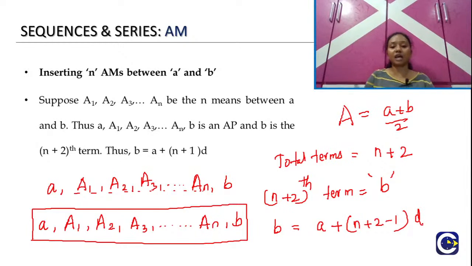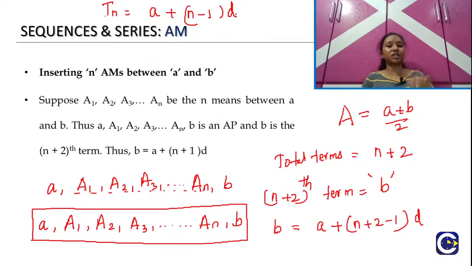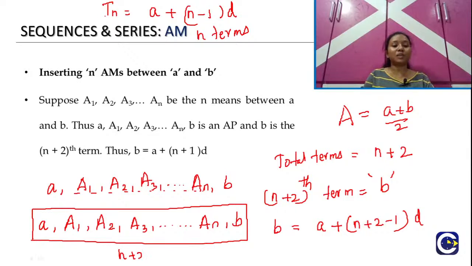Our general nth term formula is a plus (n minus 1) into d, where we have n terms in the progression. In this particular progression we have a total of n plus 2 terms, so in place of n we replace it with n plus 2.